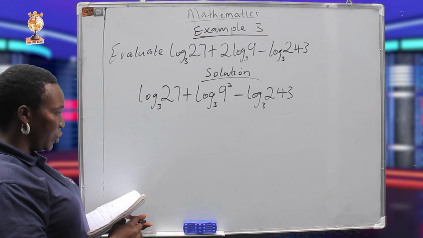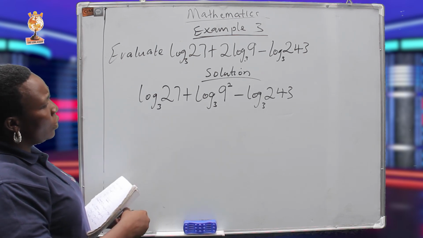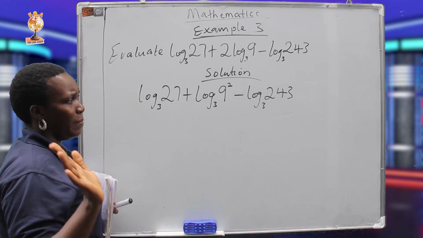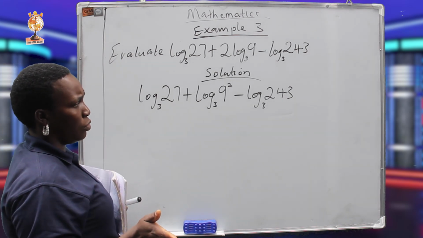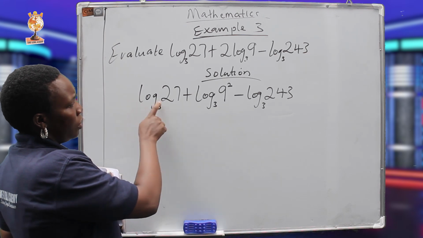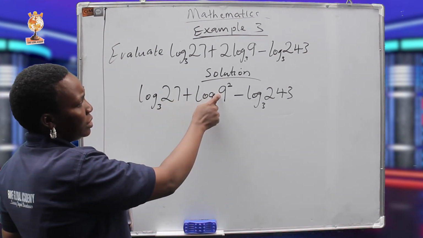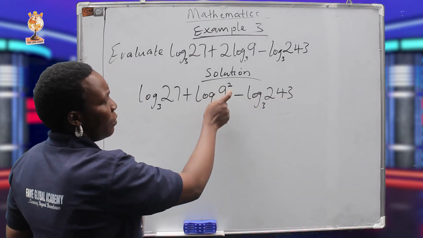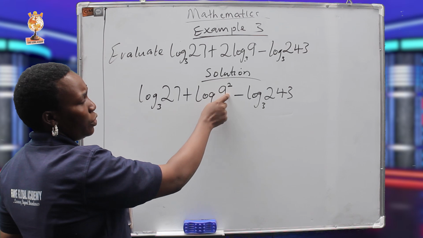Okay, let's continue. So now we have a straight logarithm. There is no number at the back of any of the logarithms anymore. This is strictly log 27 base 3, log 9 raised to the power of 2 base 3, and log 243 base 3.